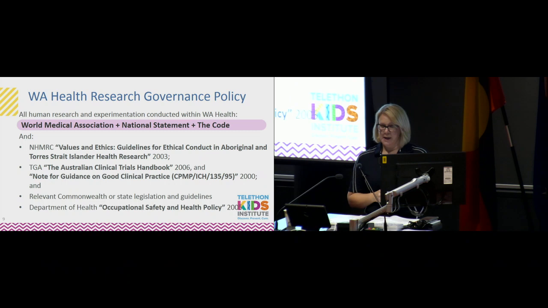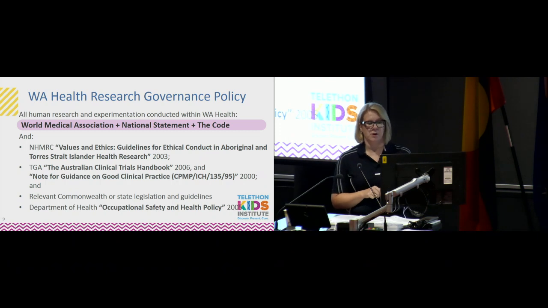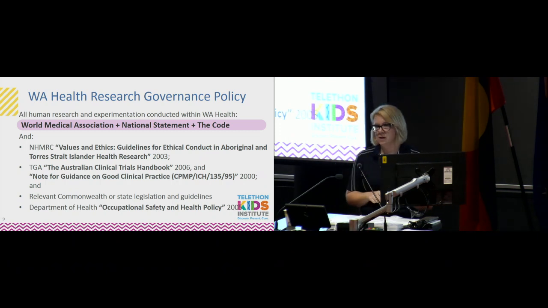Within WA, for all human research and experimentation conducted within WA Health, you need to have the World Medical Association guidelines, the National Statement and the Code, and then these additional guidelines that you would need to be aware of. There are some very good reads here, particularly the Australian Clinical Trials Handbook. If you've never run a clinical trial, it gives you some really good advice and practical tips on how to do that.